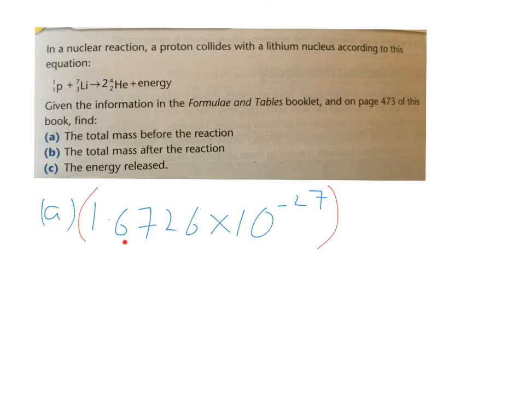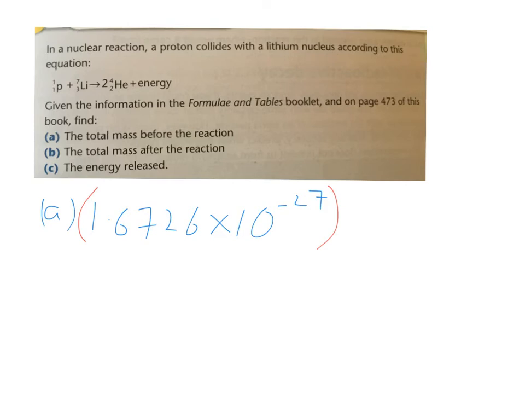Now you'll see here I've chosen to use 4 decimal places. You can use more if you want, or if the question seems to lead you to use more. For example, if there was 7 for use in the question, then I'd probably include 7 in my answer. But the reason we always include at least 4 in these questions is because the differences in mass are actually very, very small. So you might only see the difference appear down here, but you wouldn't see it in the first few decimal places.